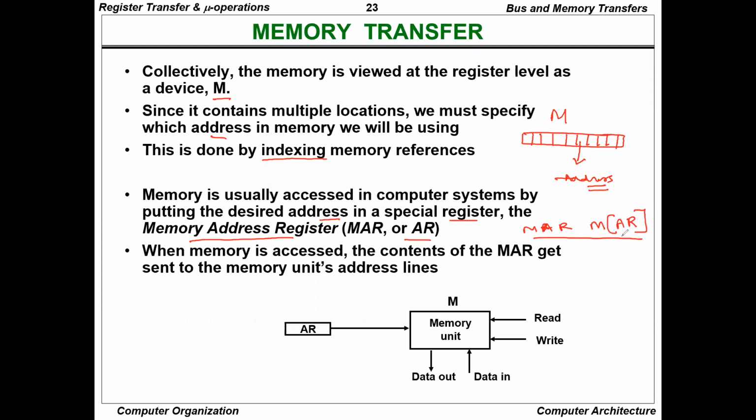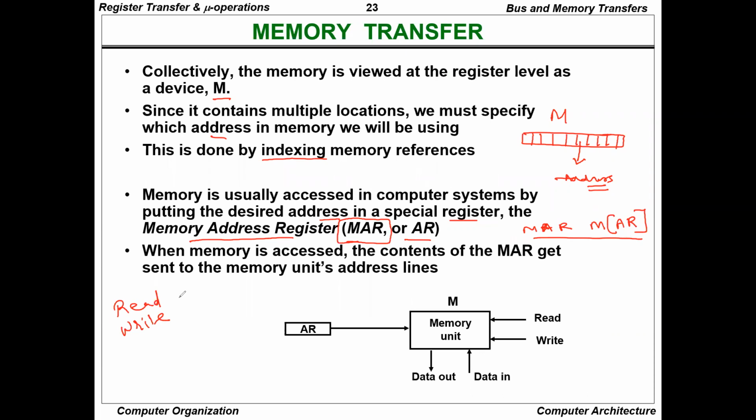So all that has been explained in this slide is how we can define the address of any memory location from where we want to either read the data or perform the write operation.